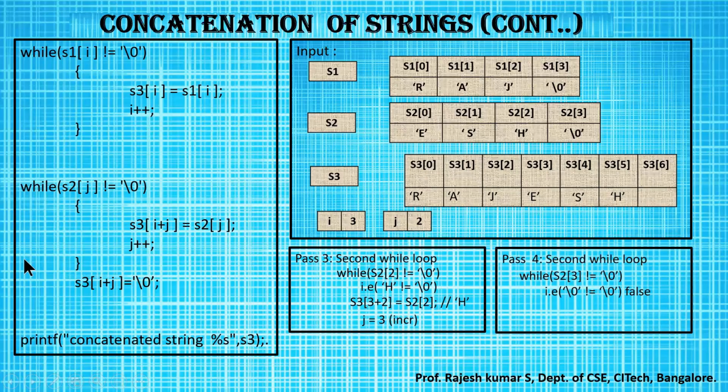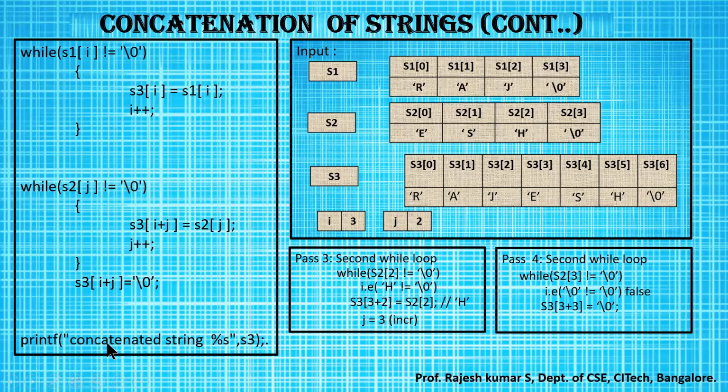So once the condition becomes false, we come out of the while loop. Then at S3 of I plus j, the updated value of I is 3, plus the last updated value of j, which is 3. 3 plus 3 is 6. At the location S3 of 6, I'll be adding this null value.